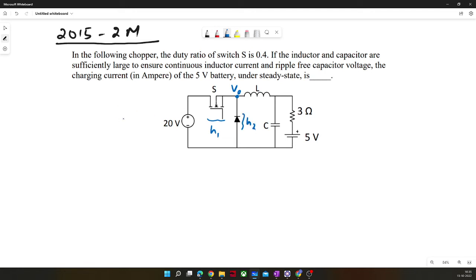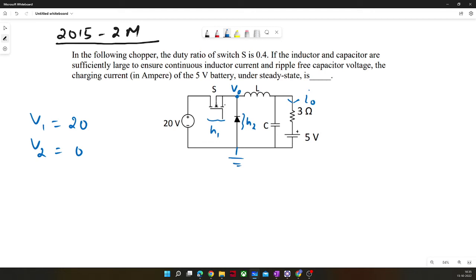And here V1 is 20 volt and V2 is connected to ground, so V2 is equal to 0. So whatever output voltage is here, you will get reflected at the output terminals. Now we can calculate, because we need to calculate the charging current of the battery. So we need to calculate I naught here.